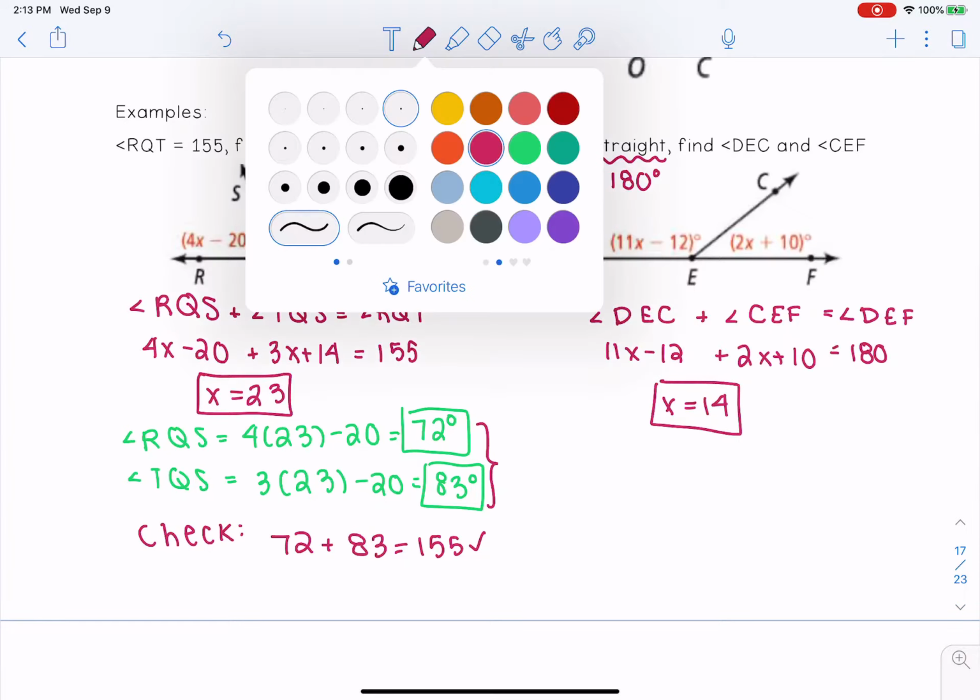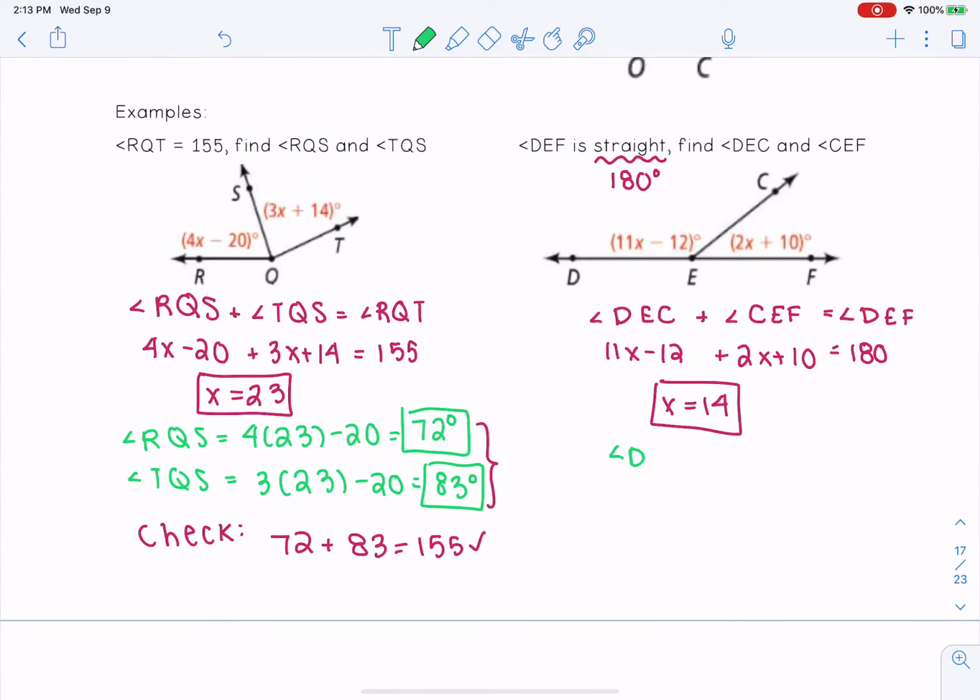Plug back in, angle DEC is 11 times 14 minus 12, which is 142. And angle CEF is 2 times 14 plus 10, which is 38 degrees.